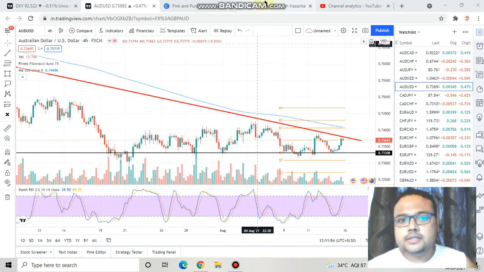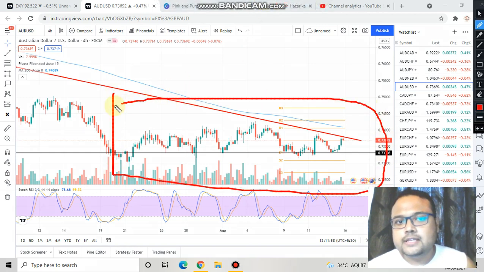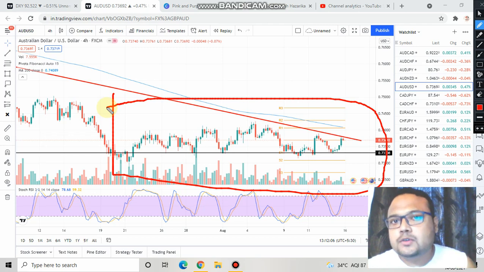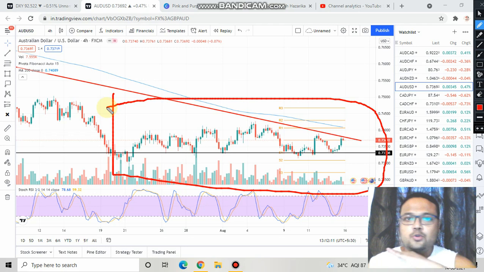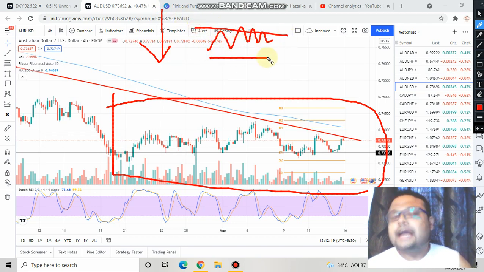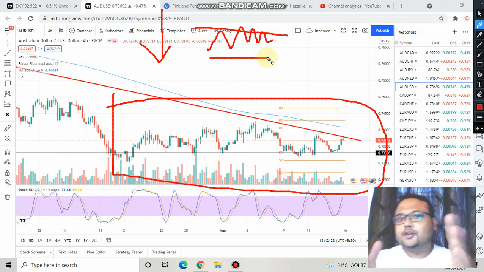But if I just ask you to observe this particular portion of the chart here, you can easily see that the overall trend may be towards the downside, but right now this market is sideways. In a sideways market, neither buyers nor sellers are in a dominant position.